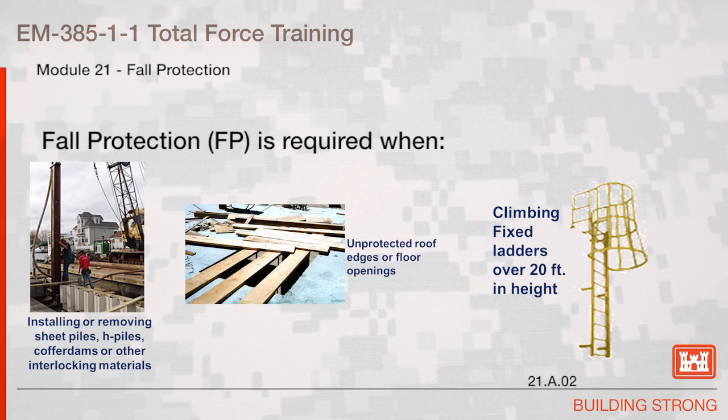Fall protection is required when installing or removing sheet piles, H-piles, cofferdams, or other interlocking material, on access ways, climbing fixed ladders over 20 feet in height, and unprotected roof edges or floor openings.